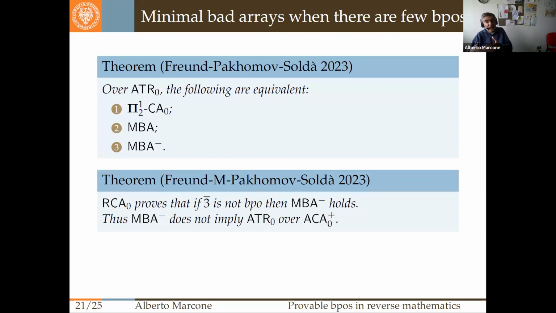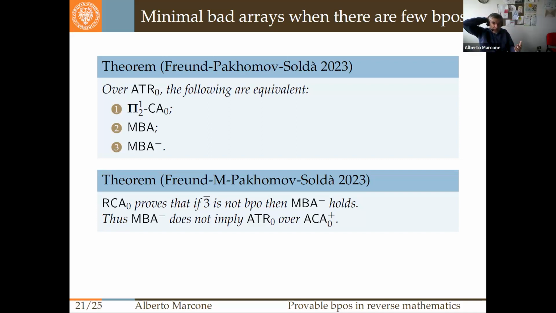So you can argue directly on this, because anything which is not a better partial order will contain a copy of that. So the consequence of this is that MBA minus will not imply ATR_0 over ACA_0 plus.